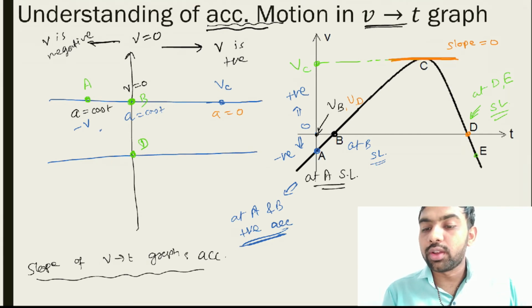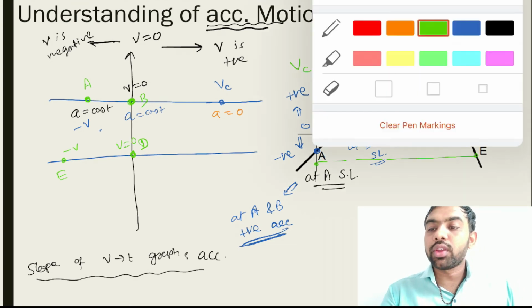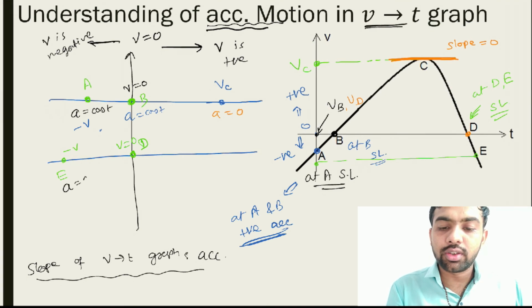And at point E, velocity is negative, so at point E somewhere here, that is V equal to 0 and minus V. If you think about acceleration, it is constant at both.